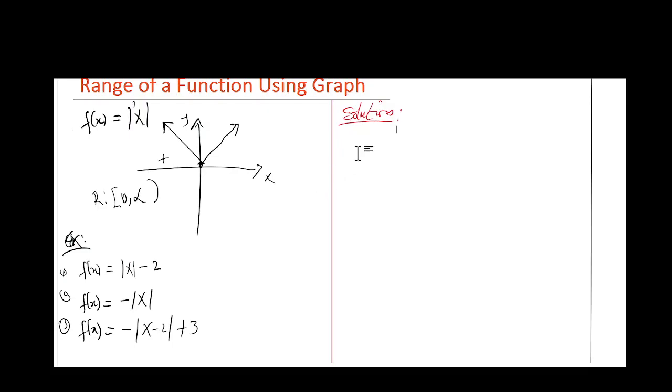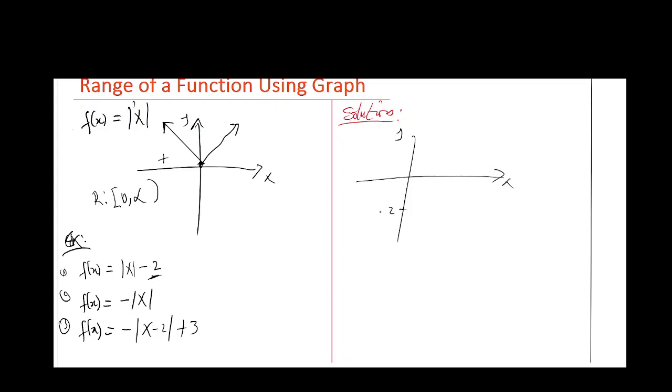In the first example, we see that the function is positive, but the y value is minus 2, meaning if we have our x-axis and our y-axis, minus 2 will be downward somewhere here.